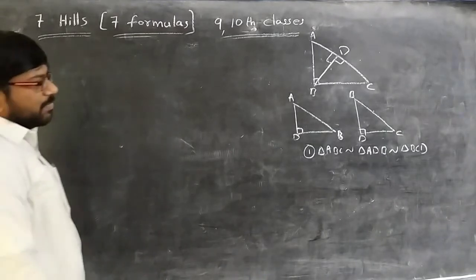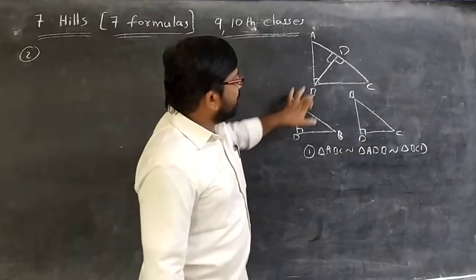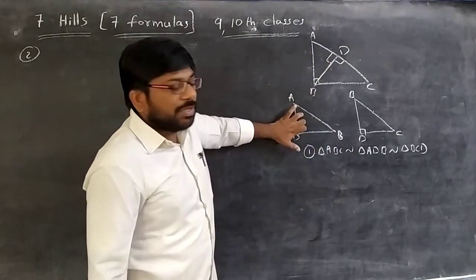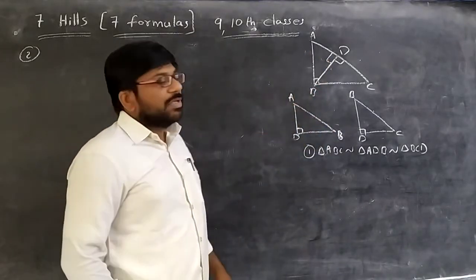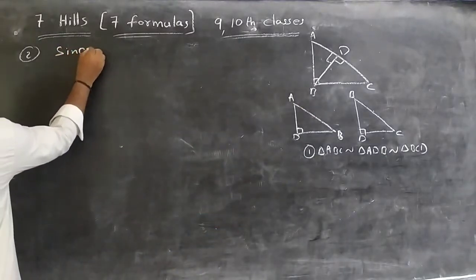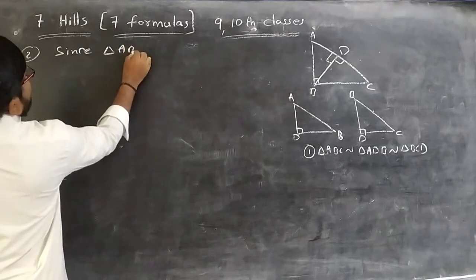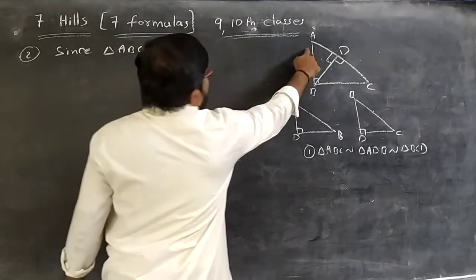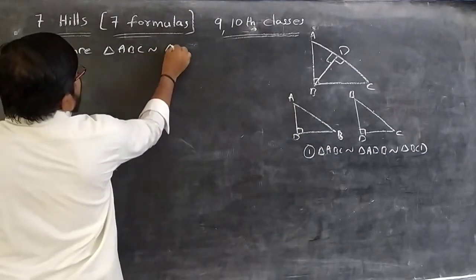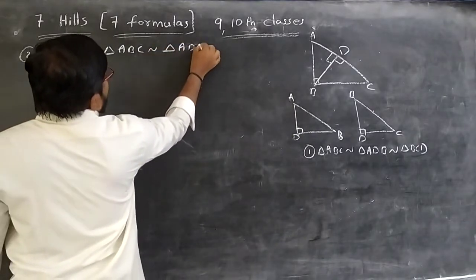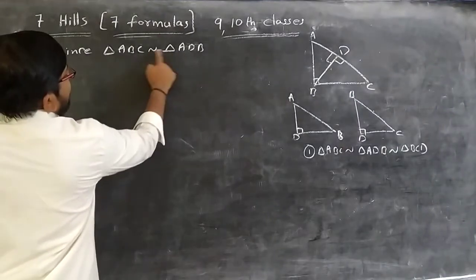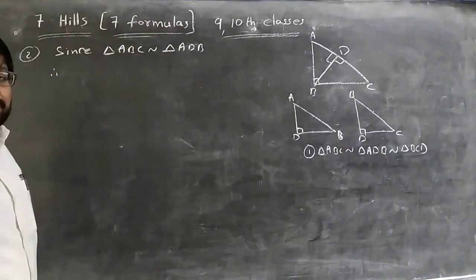What is the second? We know very well these three are similar. By taking these two, since triangle ABC is similar to triangle ADB, these two triangles are similar, with the same shape.